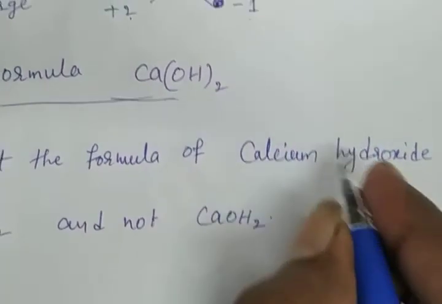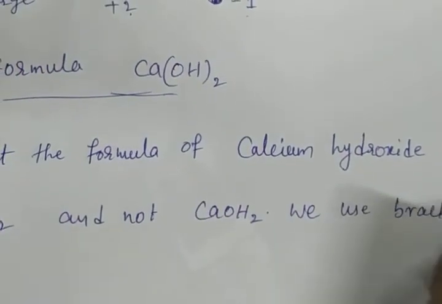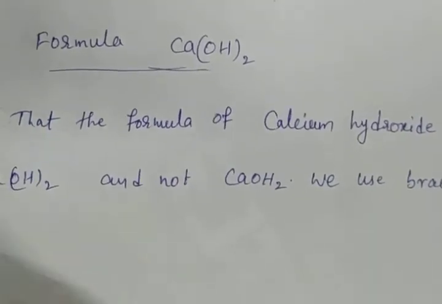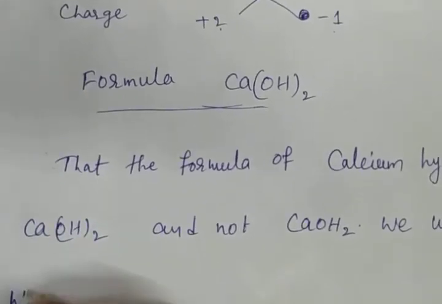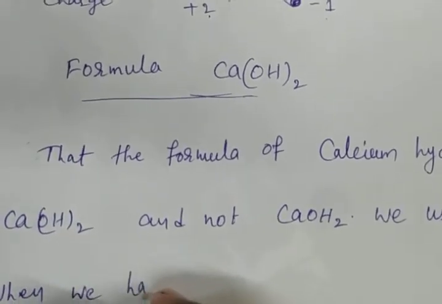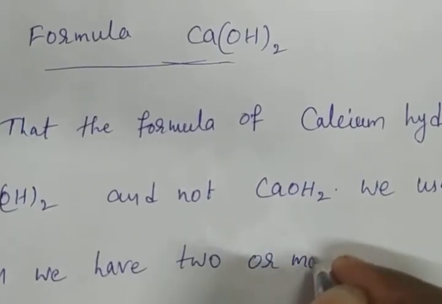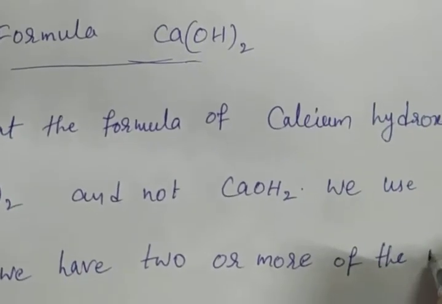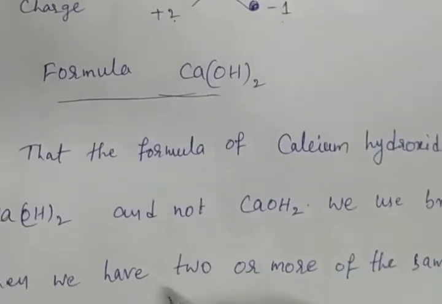We use brackets when we have two or more of the same ions, or polyatomic ions, in the formula.